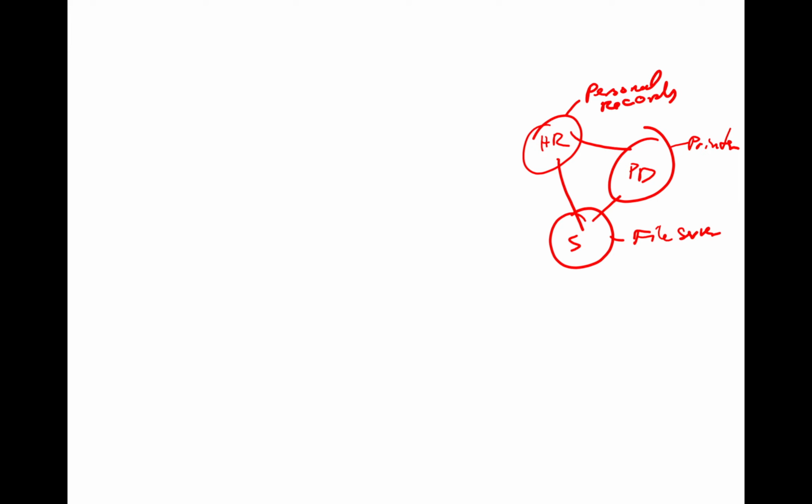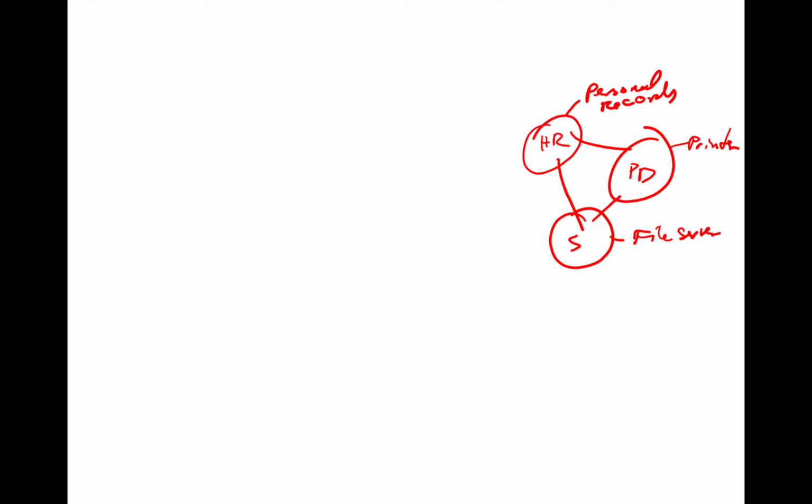So if there are these various services integrated, then the salesperson should also be able to print, and the HR person should be able to access the file server data, so that internally all communication should be permitted, let's say.